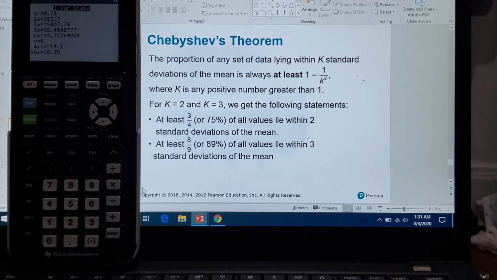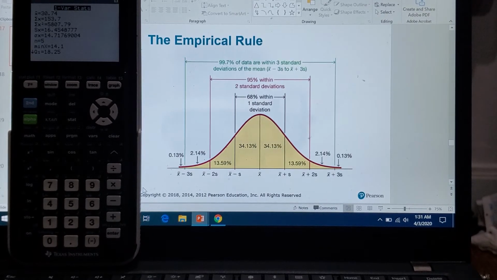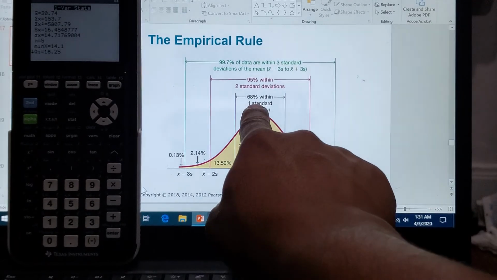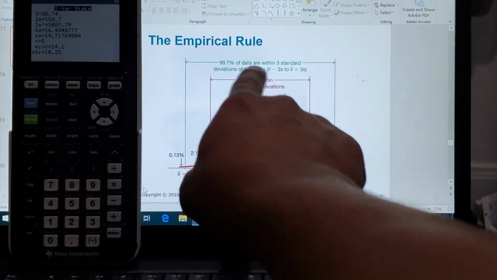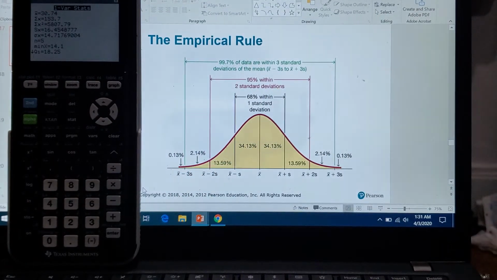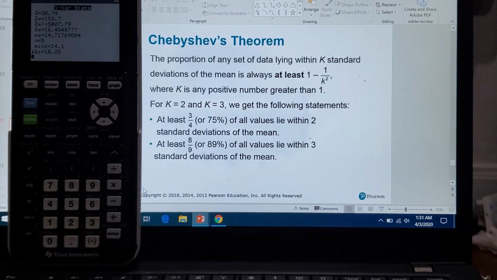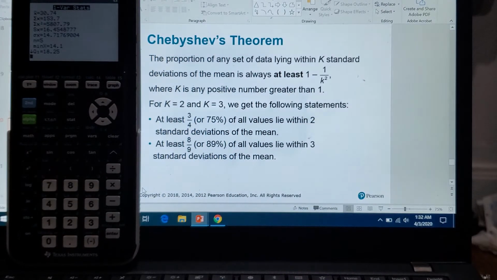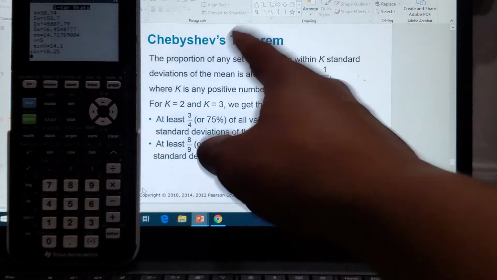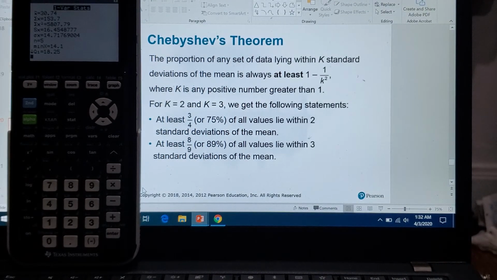One standard deviation for the empirical rule is 68% are within. So 68% are within one standard deviation, 95% are within 2, and then 99.7% are within 3. What Chebyshev's theorem says is that depending on your K standard deviations, so K like 2, is it 2 standard deviations or 3?